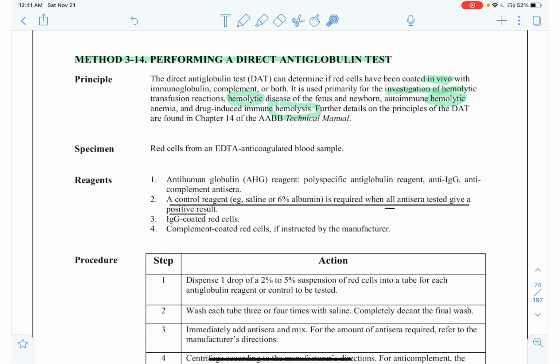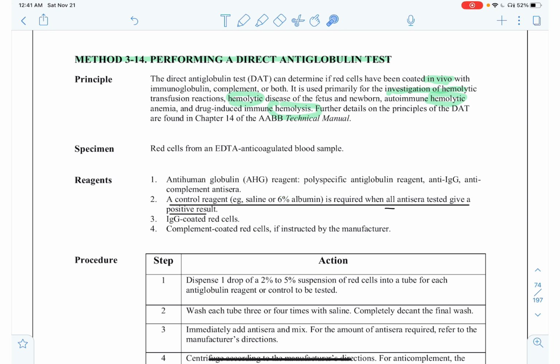The reagents involved include the anti-human globulin and a control reagent. The control reagent is used if all series of the DAT are positive. It can either be saline or 6% albumin.